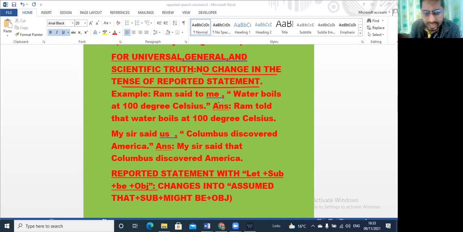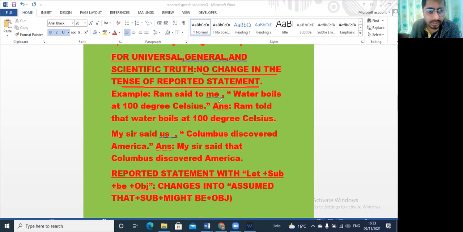Now, general fact is related to quotation, proverb, or experience of any legendary personality. Man is mortal. No one is immortal in this world. Man is mortal. This is a general fact.